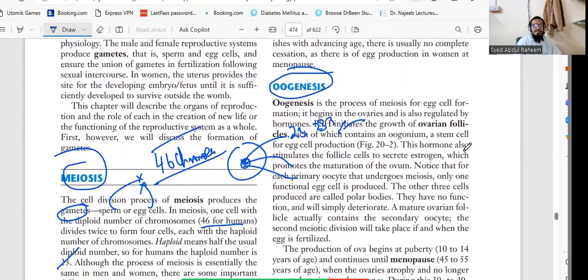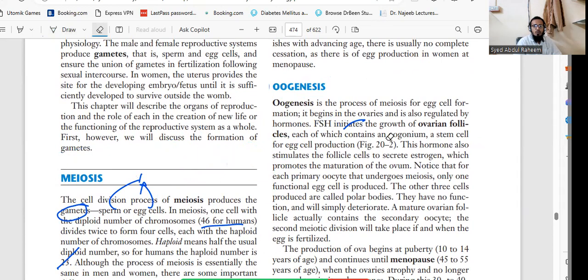Next is oogenesis. Oogenesis is the formation of the egg. Let's talk about that. Oogenesis is the process of meiosis for egg cell formation. It begins in the ovaries and is also regulated by hormones.